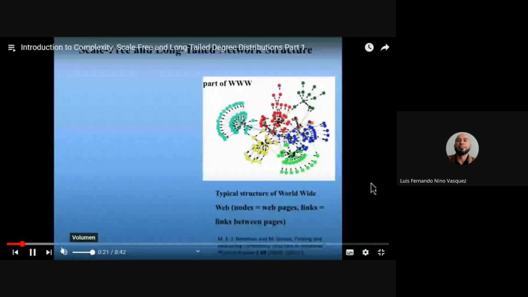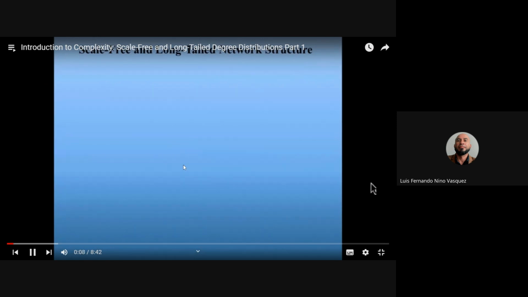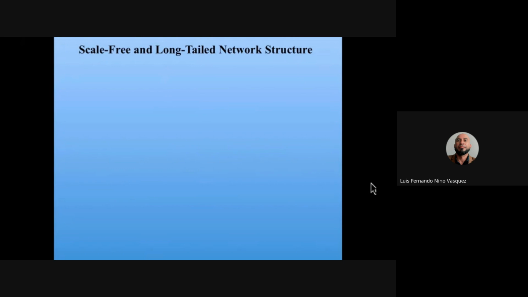Here's a picture of a typical network. In this unit, we're going to cover a different aspect of network structure, often called scale-free structure, but more generally known as long-tailed network structure. Here's the idea.